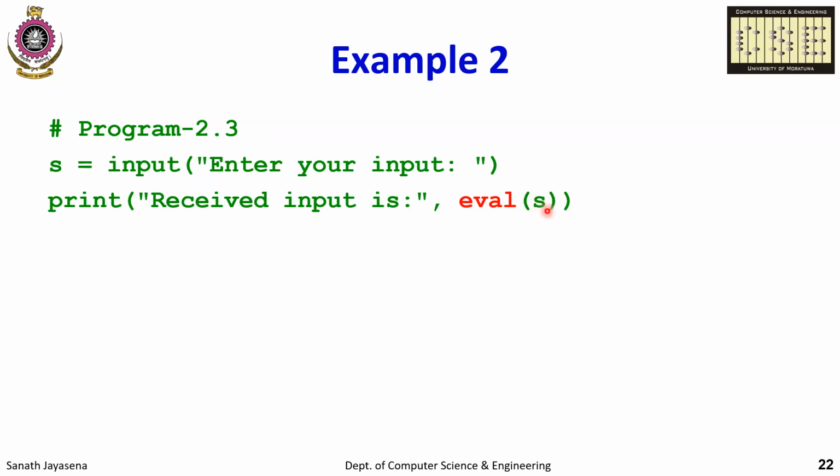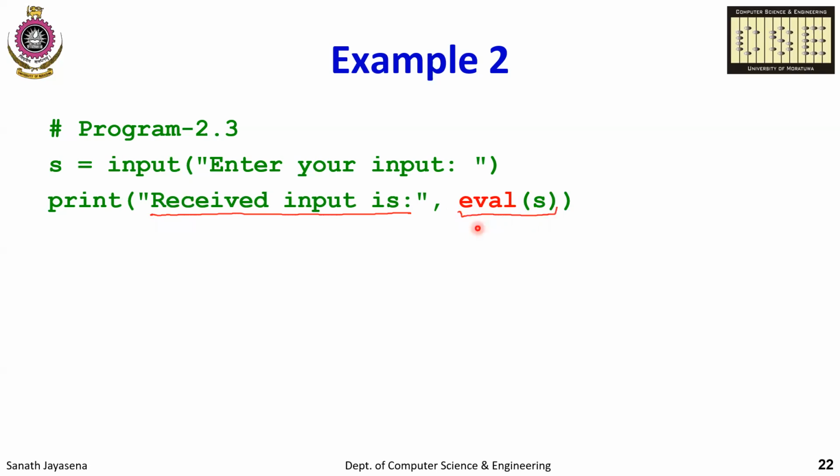So what happens is the function eval gets evaluated with the S string as input, and the result is what is to be displayed by the print. The print is supposed to display the return value of this eval.